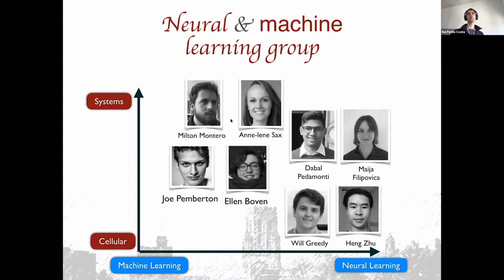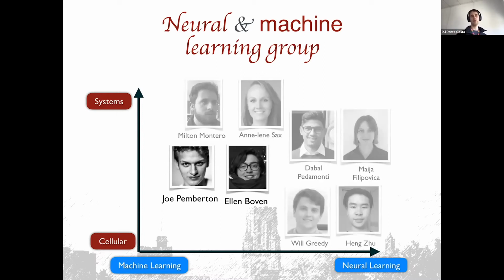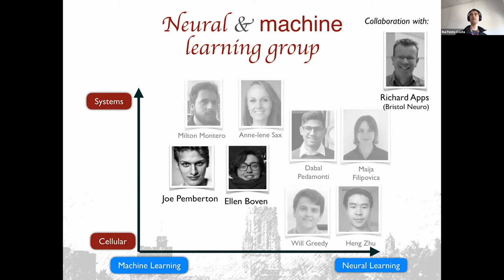We are a range of people exploring a range of questions in this 2D space. Today, I'm going to highlight the work of Joe and Alan, which has been going on in collaboration with Richard Apps, who is a Bristol neuroscientist.